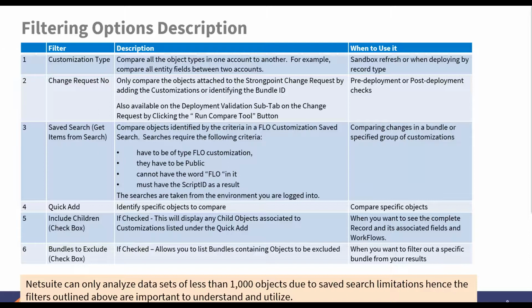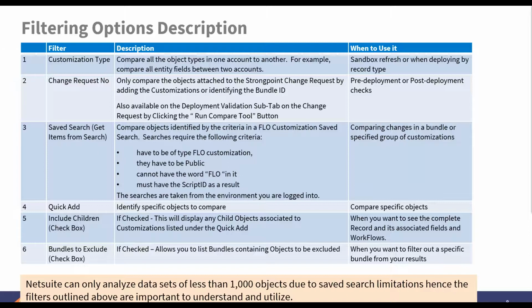And this is similar to the change request option, but you can include as many things as you want here. We also have an include children option, which whenever you check that option, it will display any child objects that are associated with the customizations that are listed under the quick add feature. So these two, 4 and 5, work together.